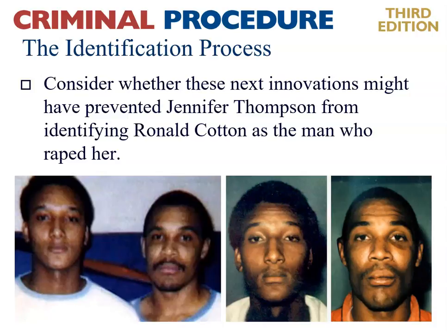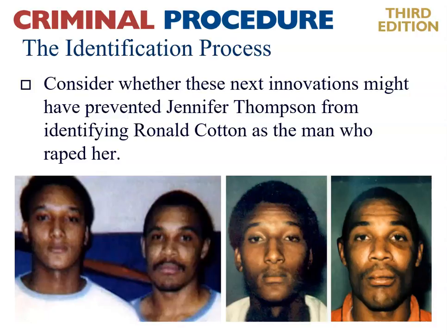I also left you with a question: to consider whether those three goals, or what we're going to look at shortly, would have prevented Jennifer Thompson from identifying Ronald Cotton as the man who raped her.